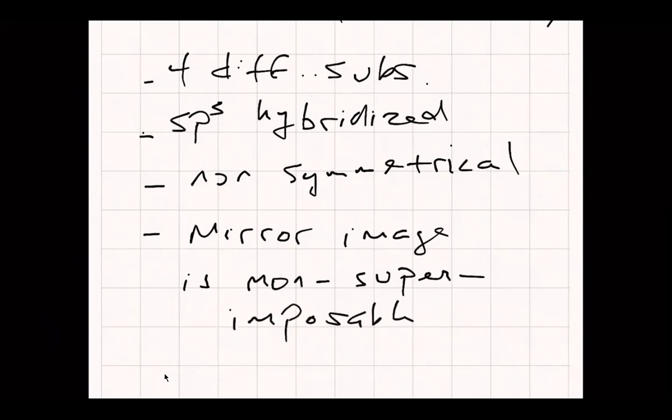Question: is non-superimposable similar to when we were talking about steric interference? Not really, because you can't avoid steric interference. If something is causing steric interference, that's just based on its size, not on the configuration.